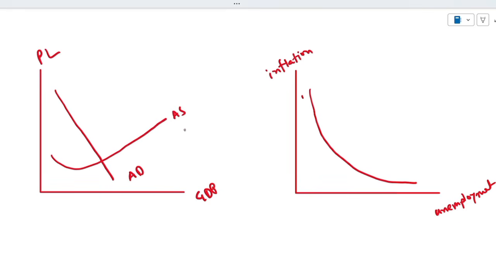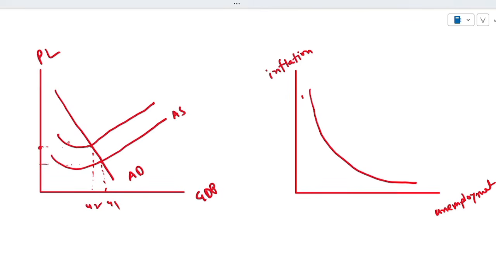Now if the curve of aggregated supply shifts upward like this way, in that case we can observe that the GDP will be decreased.